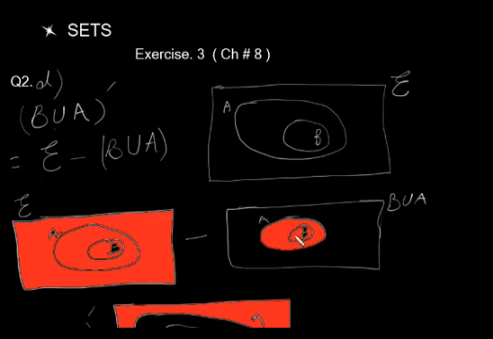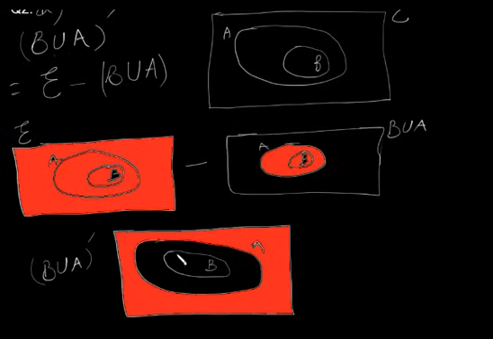Now you have to subtract B union A from the universal set, and this is the area you are left with. You can imagine very easily that if you subtract this from this, you will be left with this, and this is B union A complement.